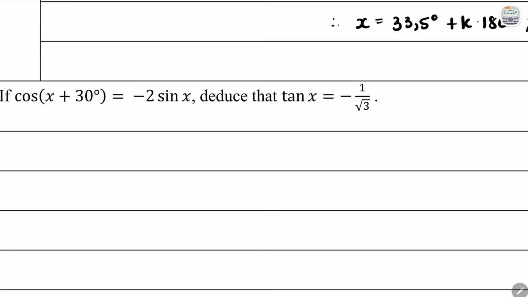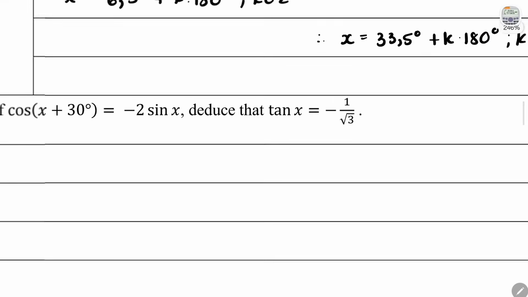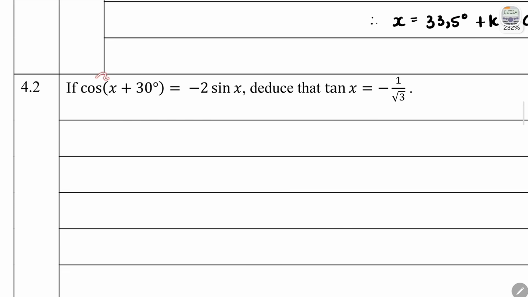But that seems very difficult because we just have x here. So what we could do is use the equation that they told us here. This is what they've given us. They said that this is true, that cos(x plus 30 degrees) is equal to negative 2 sine x.